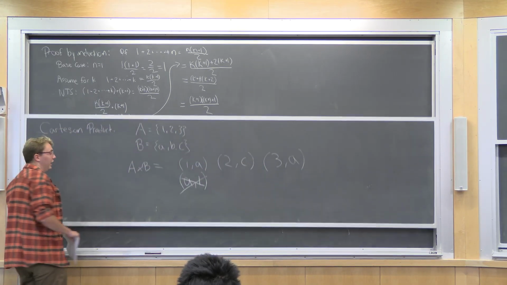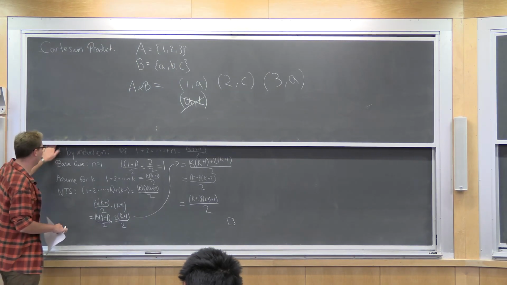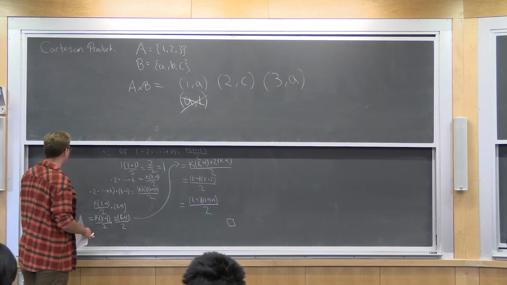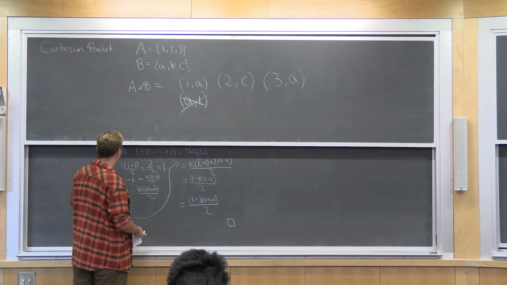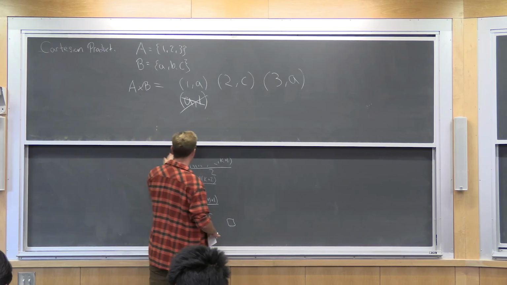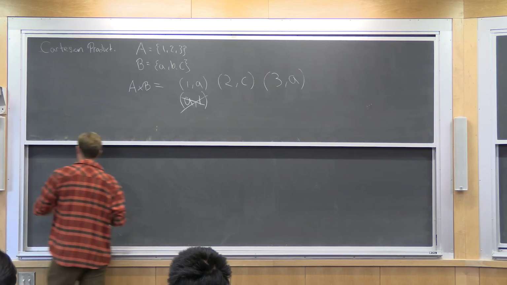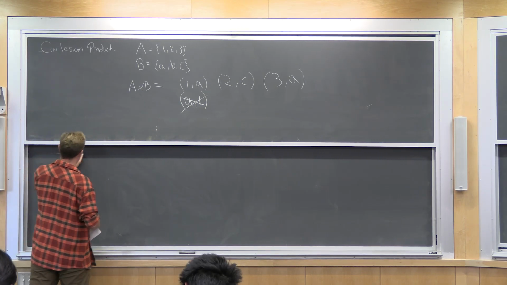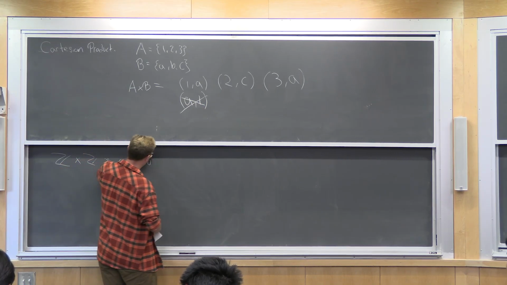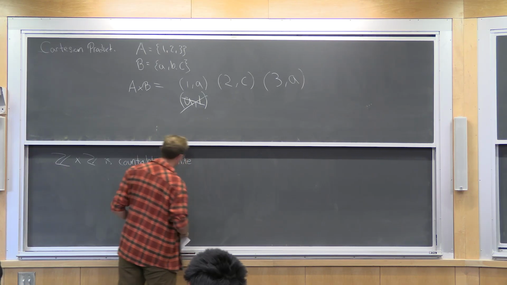It is a fact that the Cartesian product of a countably infinite set, that being a set with the same cardinality as the natural numbers, is also countably infinite. So we're going to show that Z cross Z is also countable.